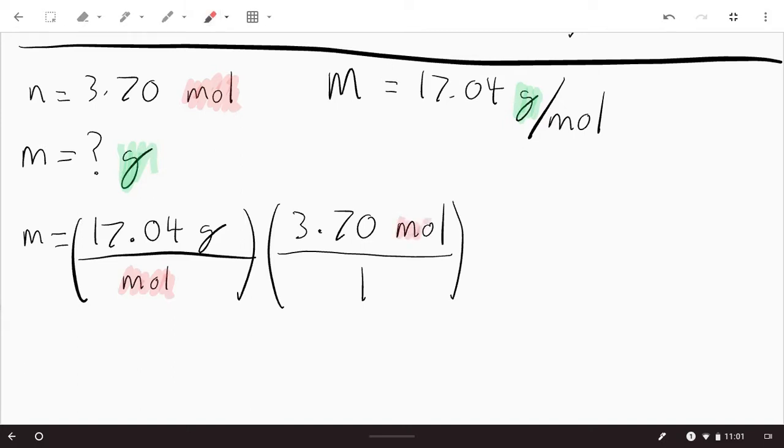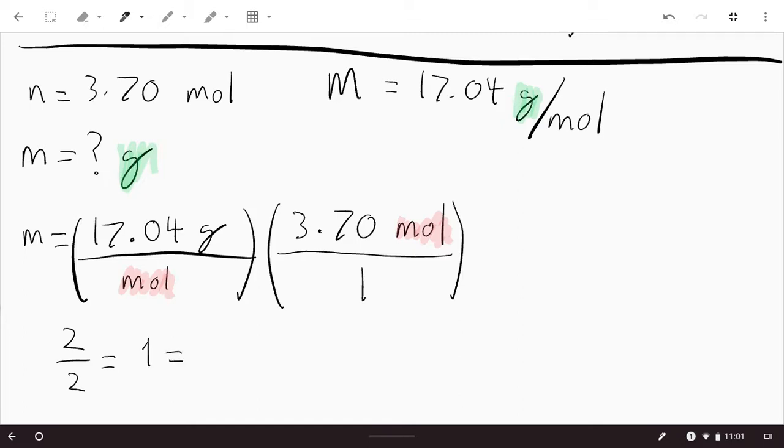What this does then is this is putting moles both on top and on bottom of the fraction. When we multiply all of this together, we'll get 1 unit of moles on the top and 1 unit of moles on the bottom. What happens when you have the same number on top and bottom? Well, it cancels out to equal 1.